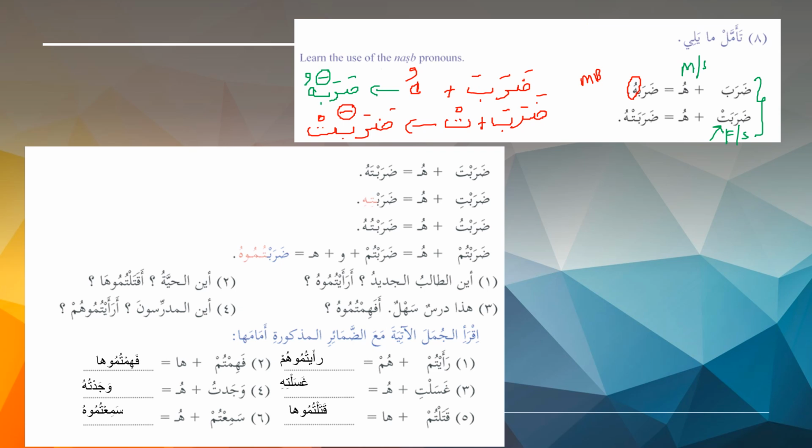Now, when you attach the hu damir, the maful bihi, because in this exercise you will learn attaching the mafulun bihi as a pronoun to the past tense. So what do you get? You get the raba, ta and hu.